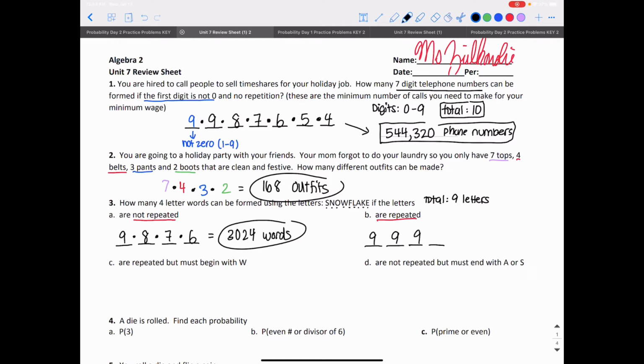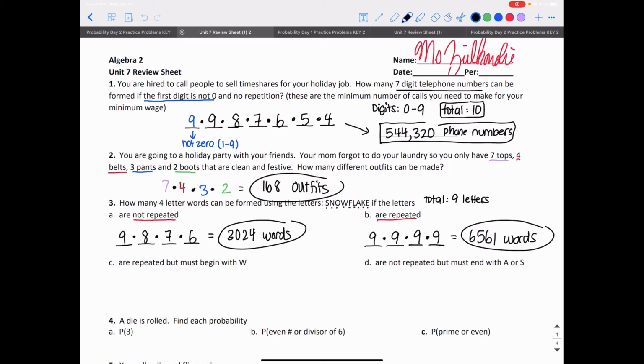For the third, I have 9 options, and for the fourth, I have 9 options. That's for each letter, each category. I want to know the 4-letter word together, how many ways. So I'm going to multiply these options for each category together, each letter together, and I'm going to get 9 times 9 times 9 times 9, or 9 to the 4th power, which is 6,561 words.